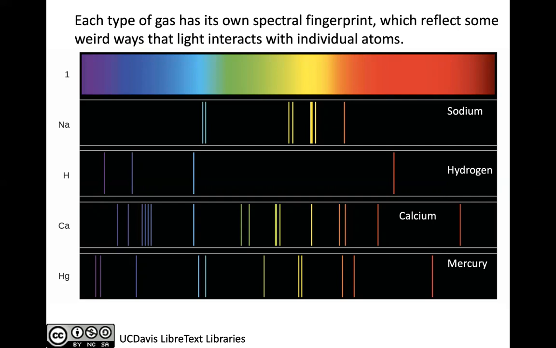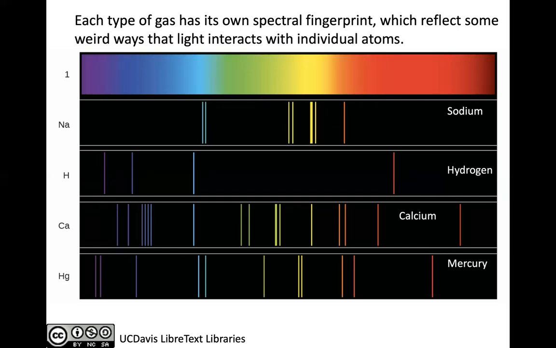Why is this? Well, it turns out that the reason for this has to do with the structure of individual atoms, which means this process involves how atoms and light interact at a subatomic scale.